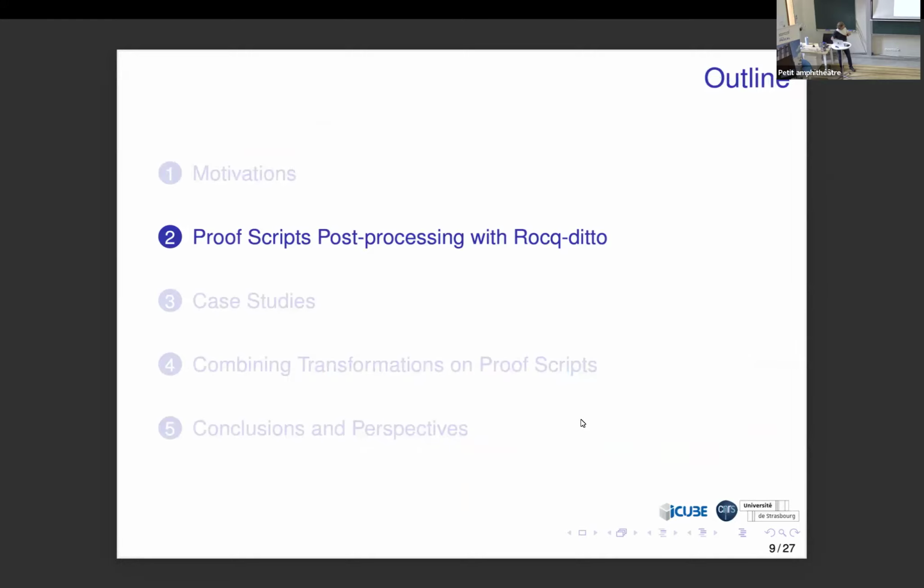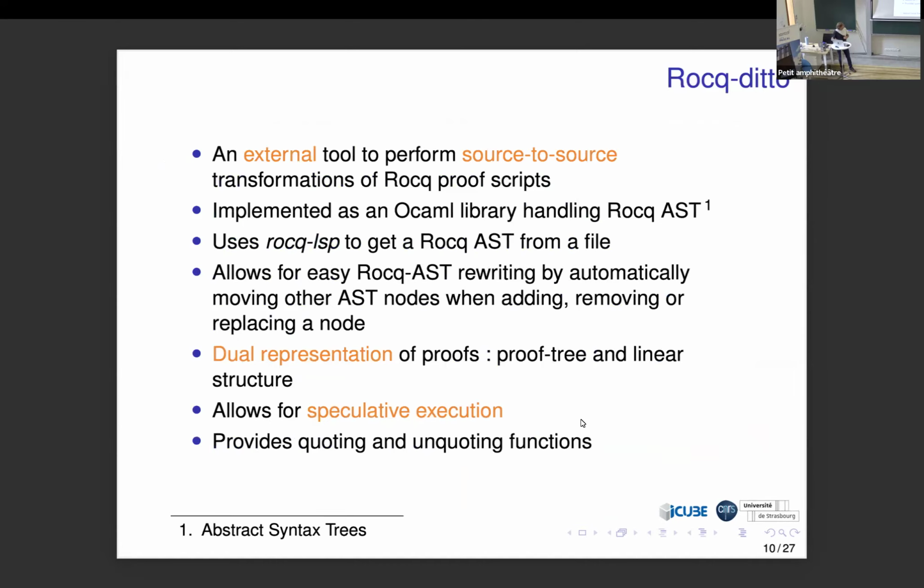So now I will switch to a more generic framework where I will explain how we can do this kind of transformation together and how we can mix them together. We developed a tool called Rocq Ditto, but in English, I think you say it in another way, but the I being Ditto or something like that.